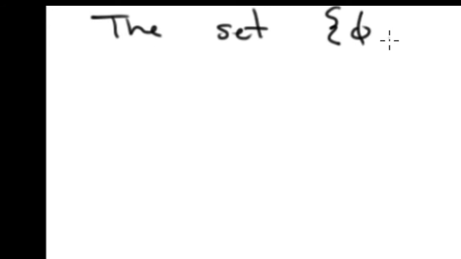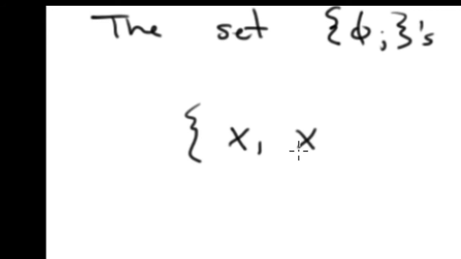The set of phi j's must be complete. So in other words, if I have a set x, x squared, x cubed, x fourth, this is complete.